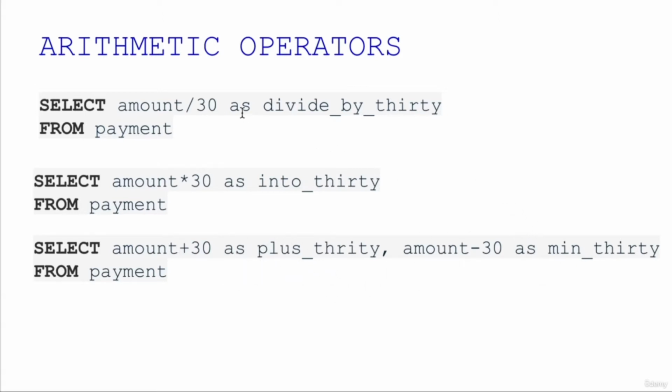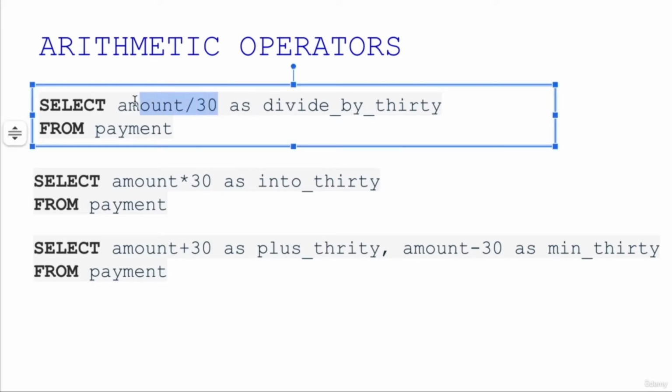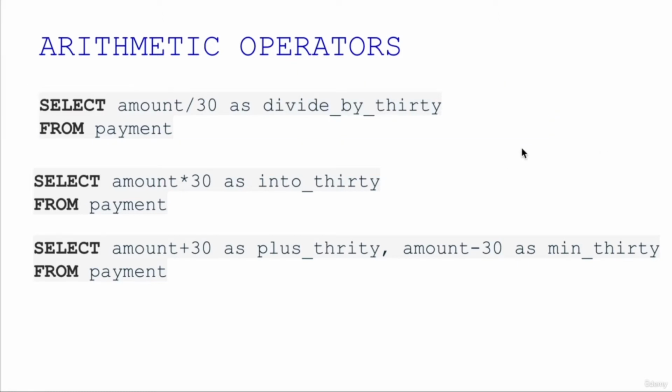Here we can use AS for defining a name for this value. When you run this query, the column name in the result will be shown as divide by 30. Later we will run these statements to get practical exposure.